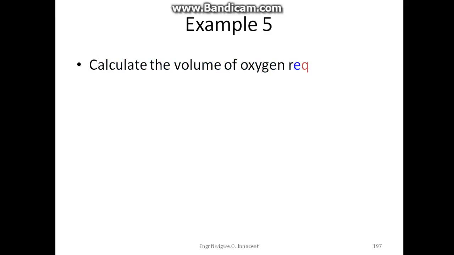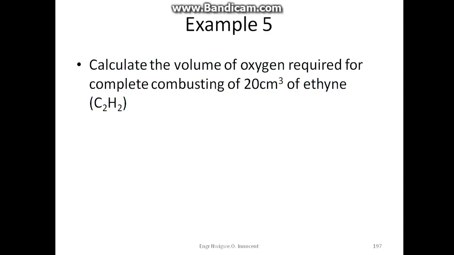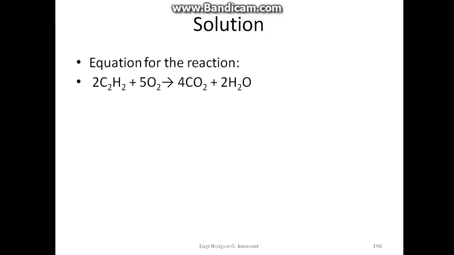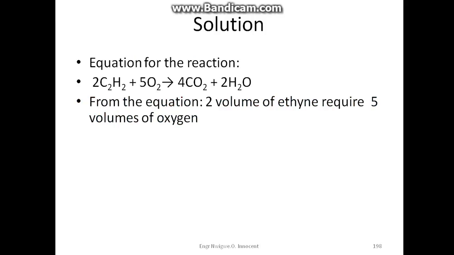Example 5. Calculate the volume of oxygen required for complete combustion of 20 cm³ of ethane. Solution. Equation for the reaction: 2 volumes of ethane react with 5 volumes of oxygen to give 4 volumes of carbon dioxide and 2 volumes of water. From the equation, 2 volumes of ethane require 5 volumes of oxygen.